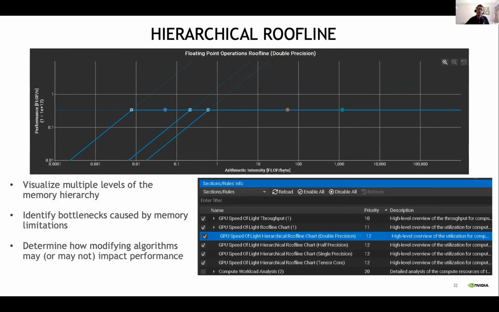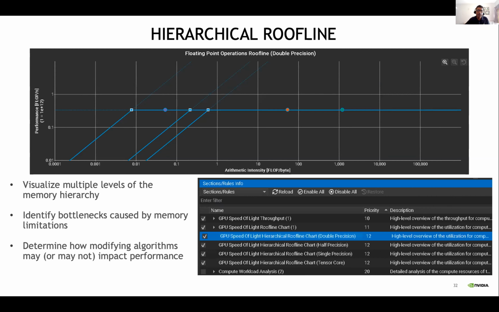Roofline is an analysis tool which has been popular for CPUs, and we also added it more recently for GPUs. So this is an enhancement to that. Just briefly, on the y-axis, it shows the performance in floating point operations per second. And on the x-axis, it shows the arithmetic intensity, which is the ratio of floating point operations to the memory transfers.